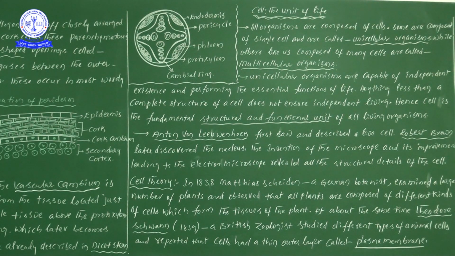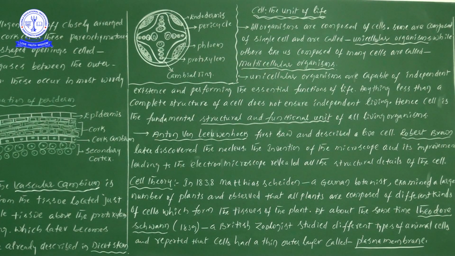For us, we have all organ systems, no? Likewise, even in a single-celled body, all kinds of structures are required. Suppose one is missing, then even human beings cannot be called a complete one. Likewise here also, same point. Hence the cell is a fundamental structural and functional unit of all living organisms.